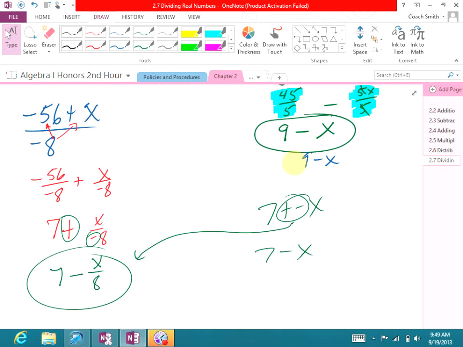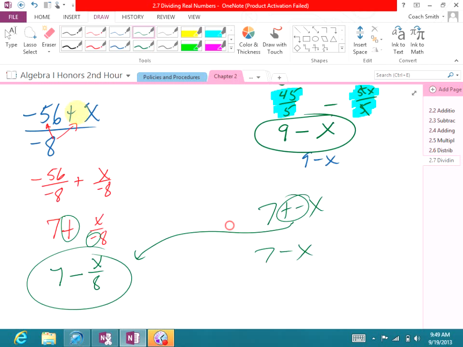56 plus x over negative 8. Why do you add it? Why do I add it? I didn't add anything. I divided. Okay, show me on the screen. Why did I add it?